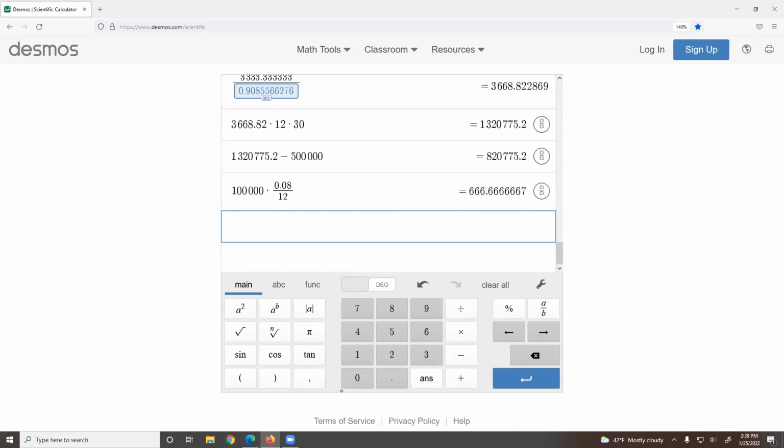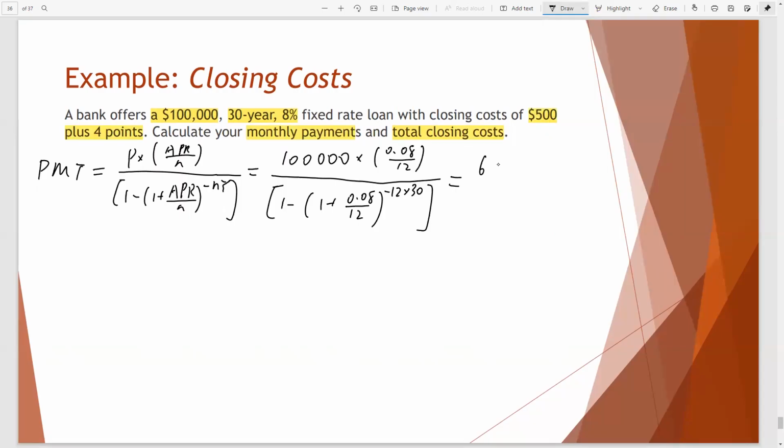Right, that's 600 and following 7 digits decimal, right? Just record down whatever your calculator gives you.